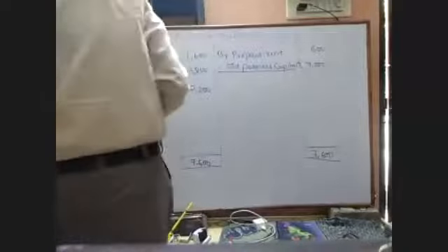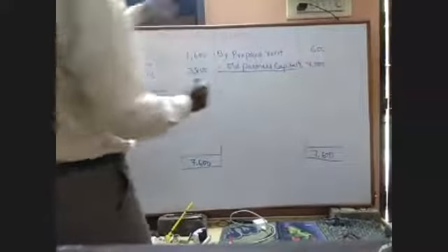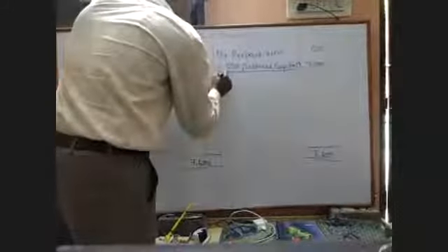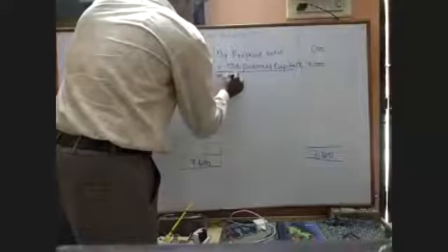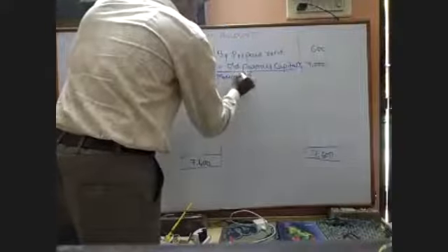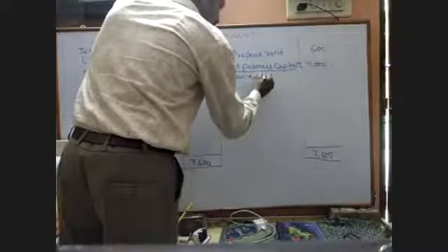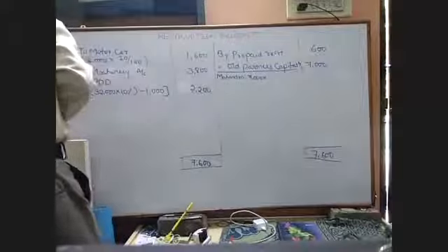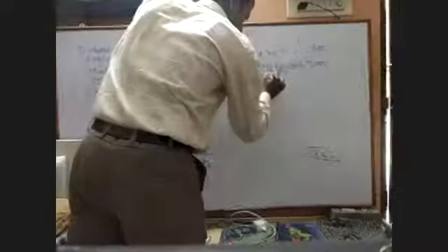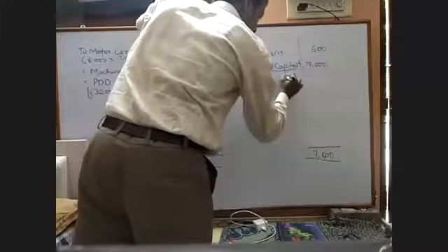Okay, in that the partner number 1 is Mahendra. 7,000 into, what is his ratio? Equal partners, so 1/2. That means 3,500.